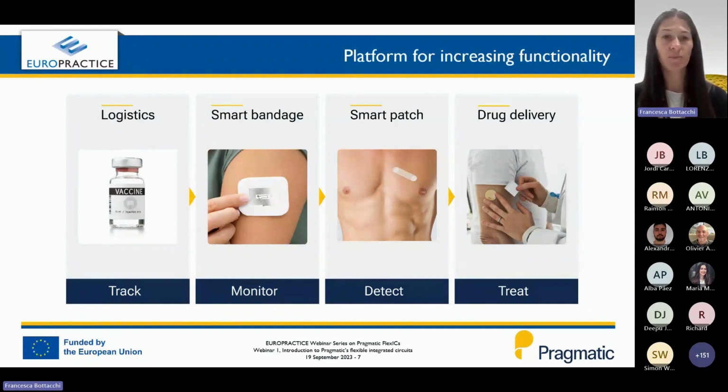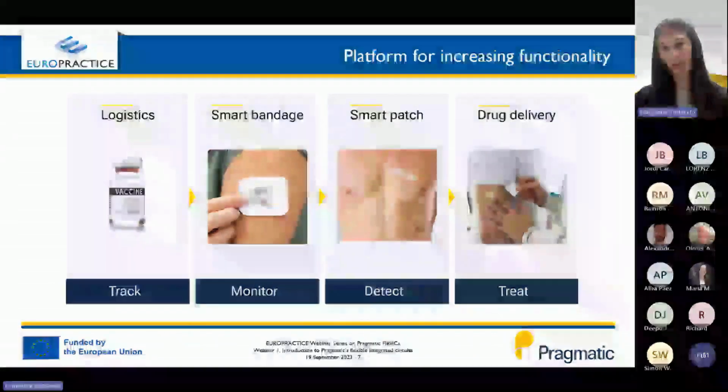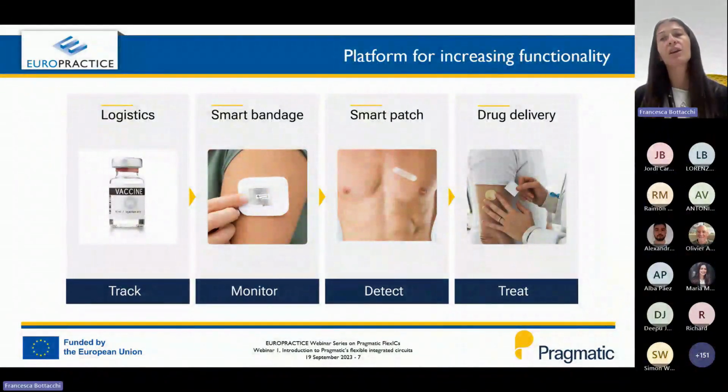From the origin to check the provenance, to the end, to the hospital, and really down to when it's administered to the patient. You can check the status of the product during the whole transport.